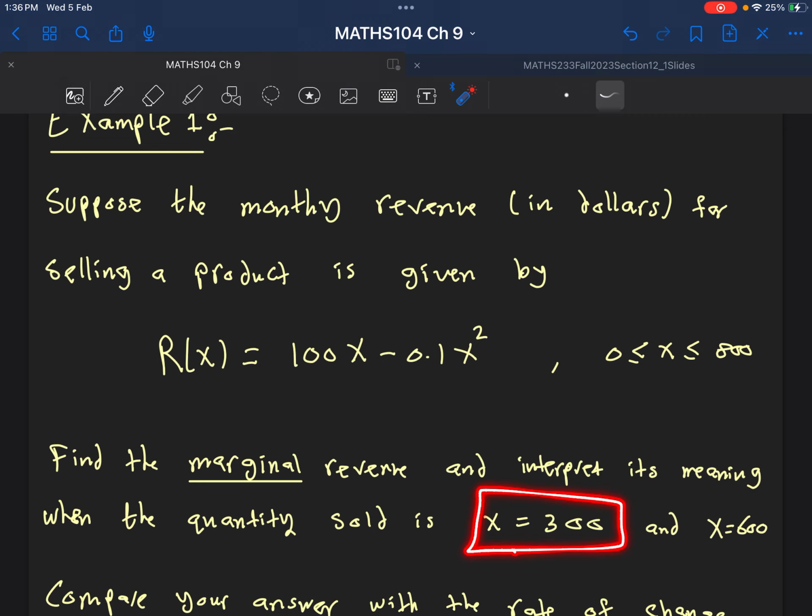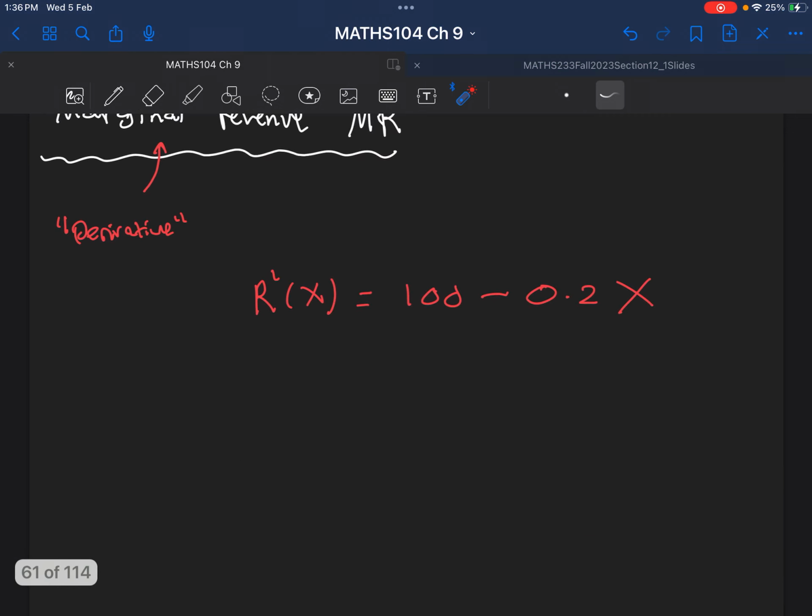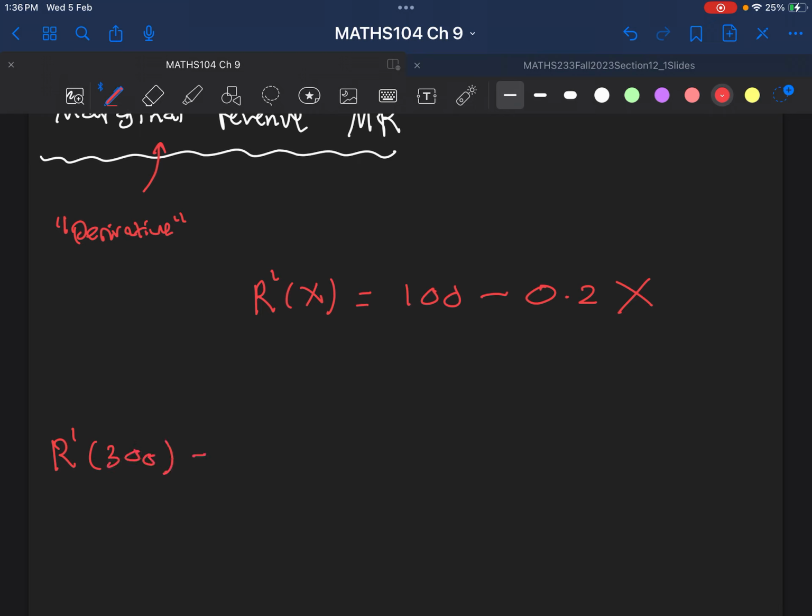Next, interpret its meaning when the quantity sold is x equal to 300. So we need to find R prime at 300, and we need to say what this means. All we need to do is substitute 300 instead of x, and we find this number using the calculator.